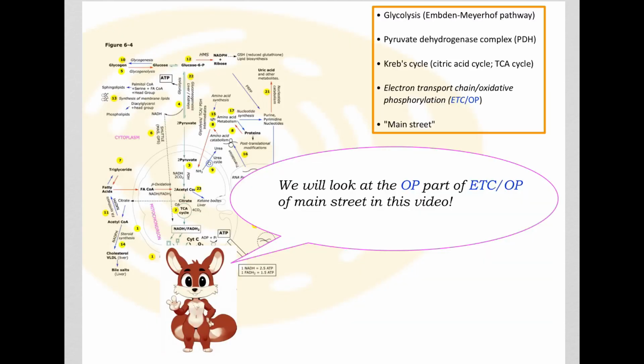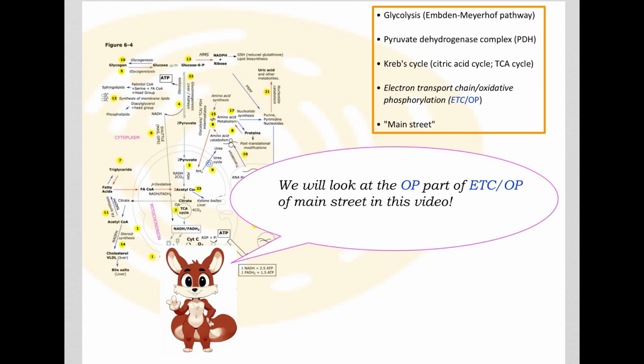In the previous videos, we talked about Main Street, perhaps the most important metabolic highway in our body. This is the highway that converts glucose all the way down, eventually providing ATP or energy to the cell.